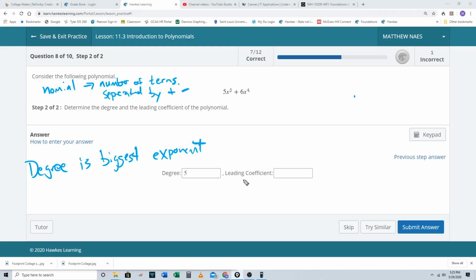Now, the leading coefficient is the coefficient of the variable with the biggest degree, or the biggest exponent.